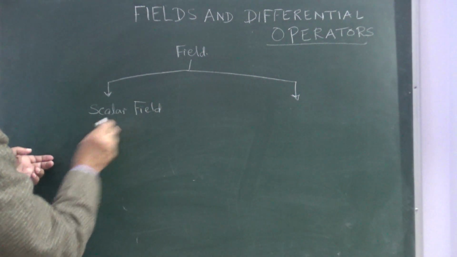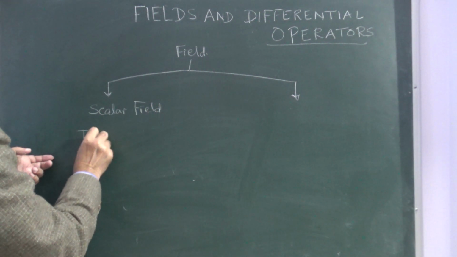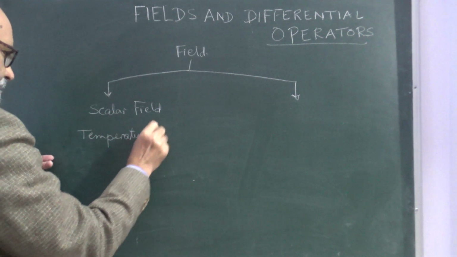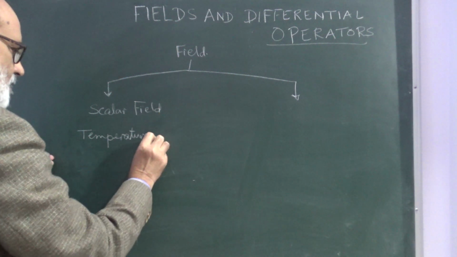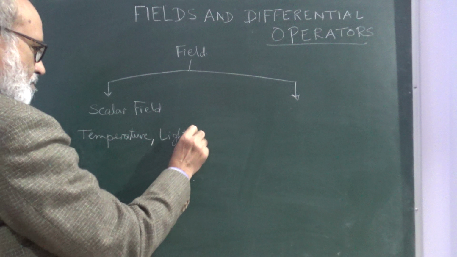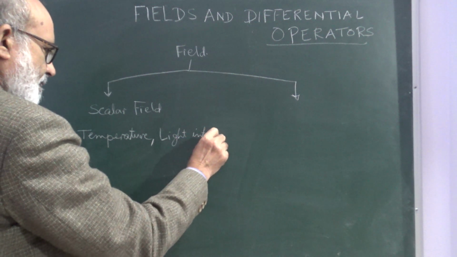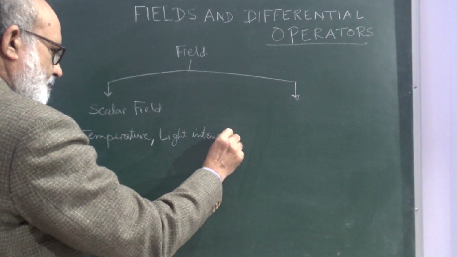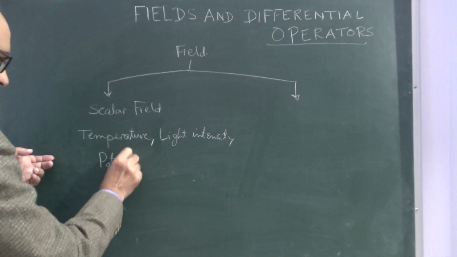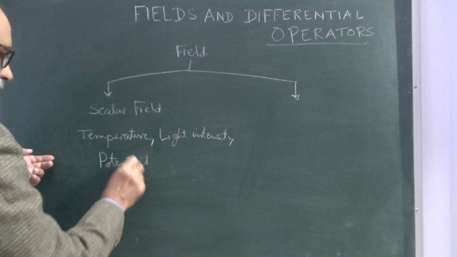We have a temperature field, light intensity field, potential field, all types of potential, gravitational, electrical potential, because all these are energy.